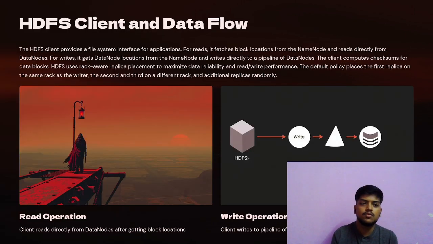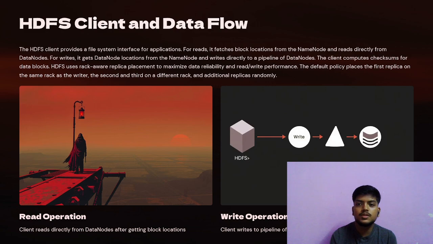HDFS client and data flow. The HDFS client provides a file system interface for applications. For reads, it fetches block locations from the NameNode and reads directly from DataNodes. For writes, it gets DataNode locations from the NameNode and writes to a pipeline of DataNodes. The client computes checksums for data blocks. HDFS uses rack-aware replica placement to maximize data reliability and read and write performance.